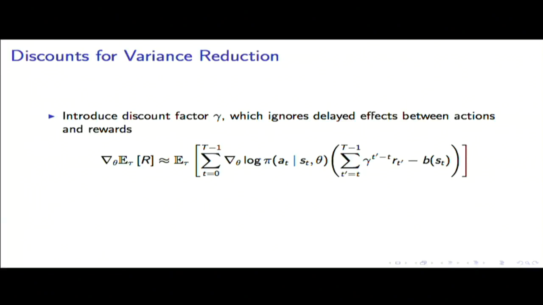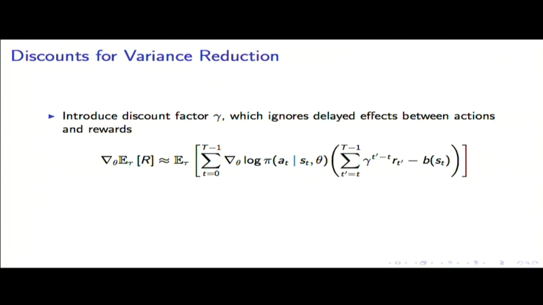And also, to make value iteration converge, we needed to introduce this discount factor, because otherwise it wasn't going to be a contraction. So we're also going to introduce the discount factor here. It turns out to be very useful empirically to make policy gradient methods work, to make them more sample efficient. And what it's doing is ignoring delayed effects between actions and rewards.